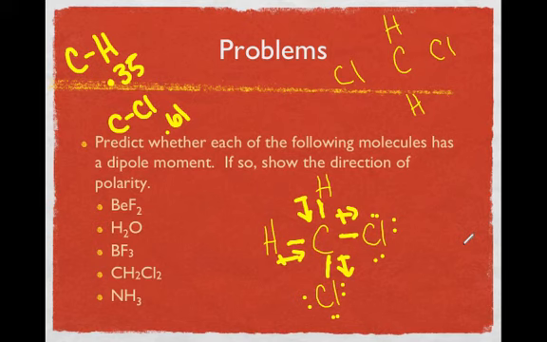So overall, is there an overall polarity for this compound? No? They're both going down or they're both going to the right. So overall, it would be like this, right? So this would be polar. This is polar because there's an overall polarity.